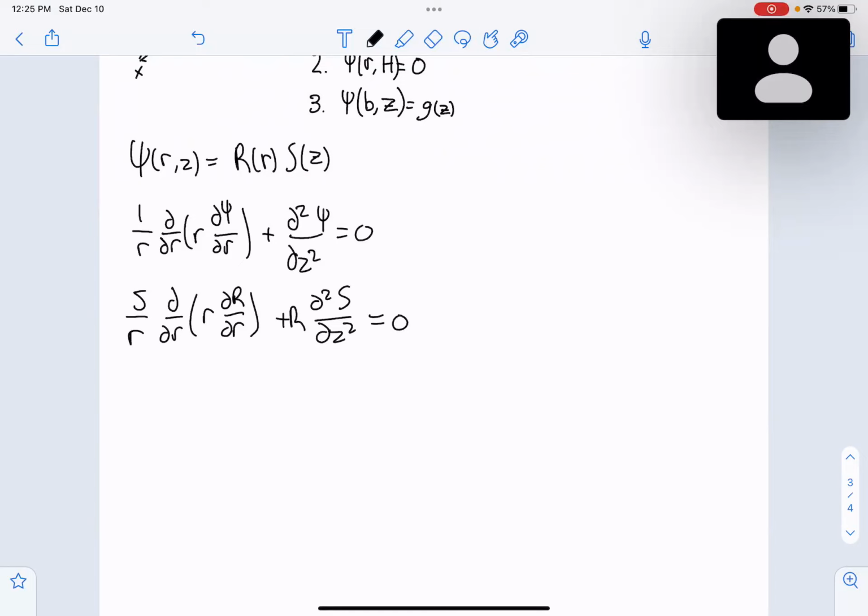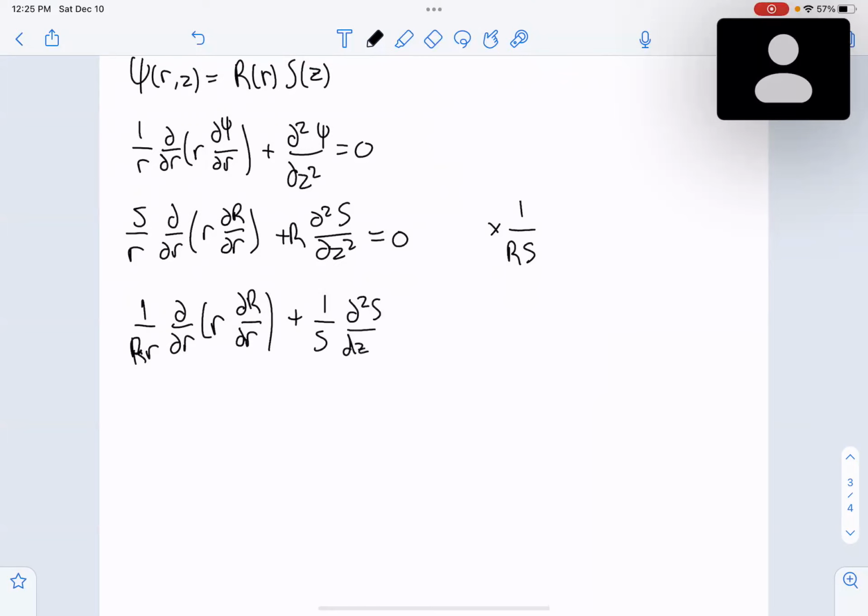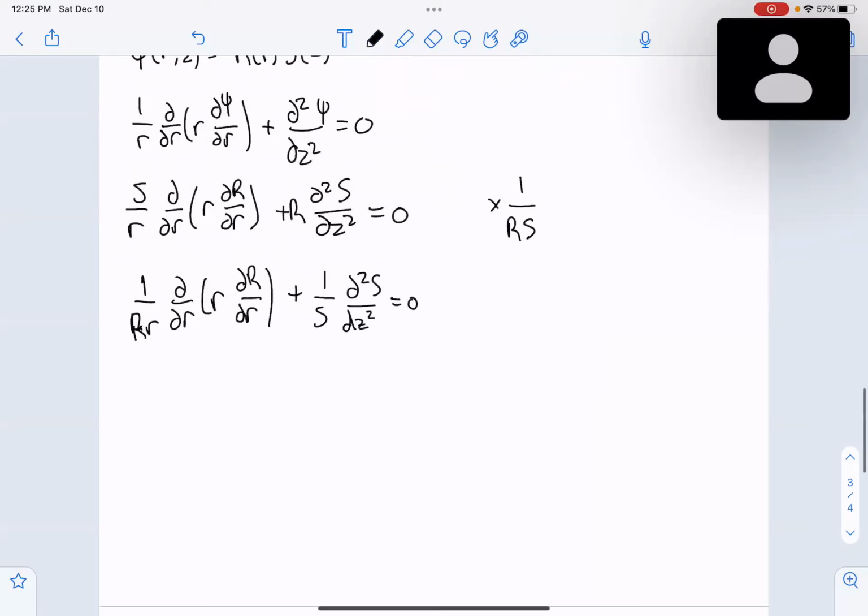Now, as we have been doing many times, we're going to multiply through by 1 over R S, just to rewrite this in a more trivial form, where we'll be able to see the eigenfunctions right away. So we get 1 over R r, d over dr, of r, dR over dr again, plus 1 over S, d squared S over dz squared is equal to 0.